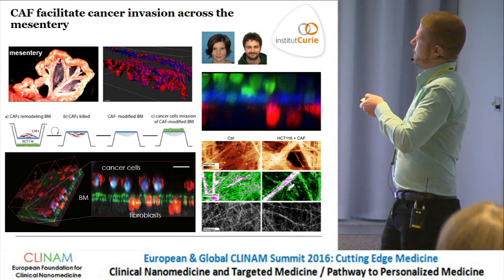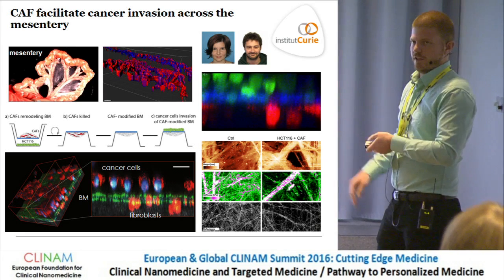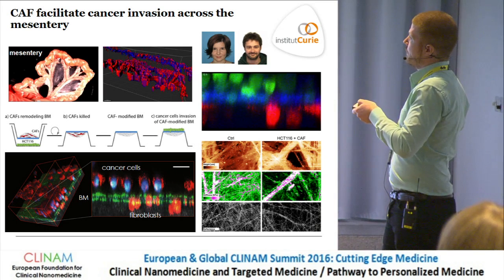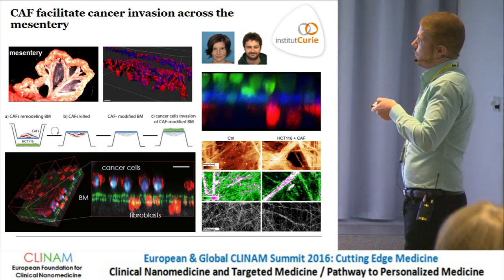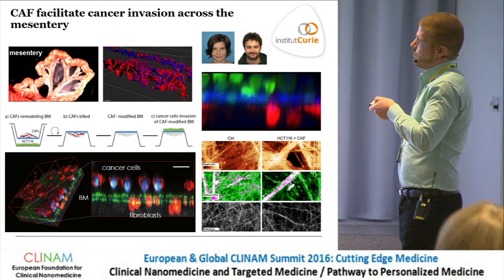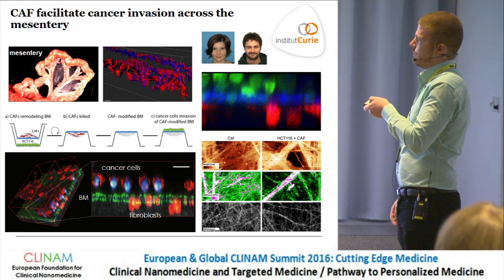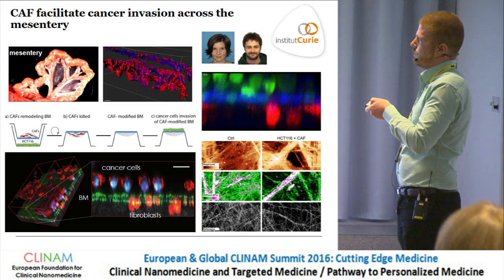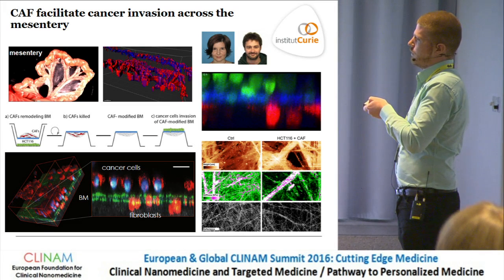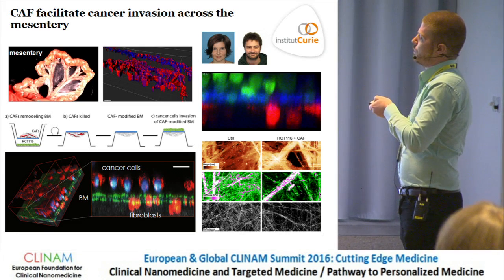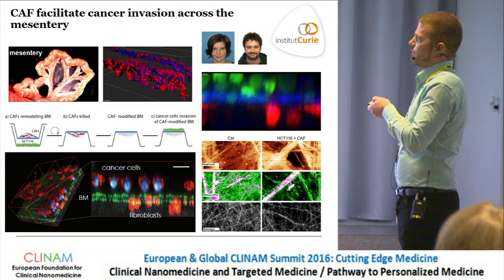It's also a bilayered basement membrane, so it has this asymmetry that I mentioned in the beginning. And what we did was to put cancer-associated fibroblasts from patients on one side of the basement membrane, let them work on the basement membrane while they are subjected to signals from cancer cells, then remove the cancer-associated fibroblasts and put cancer cells there.